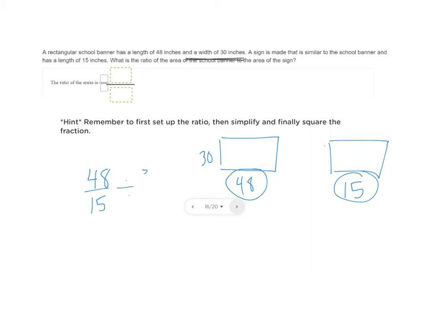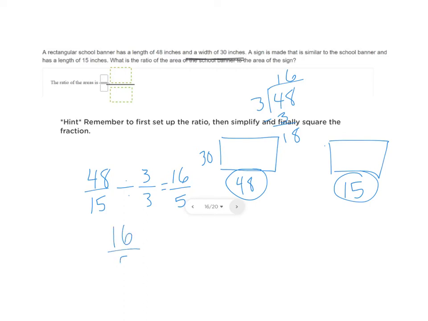Well, I'm going to divide both sides by 3. 48 divided by 3 is going to be 16. And 15 divided by 3 is 5. That is simplified.